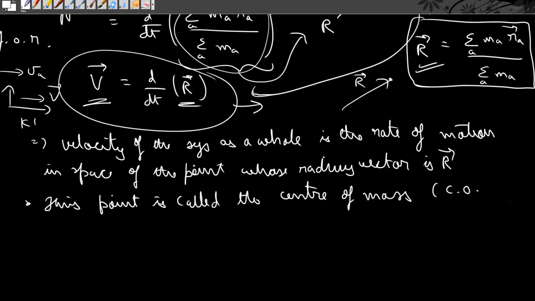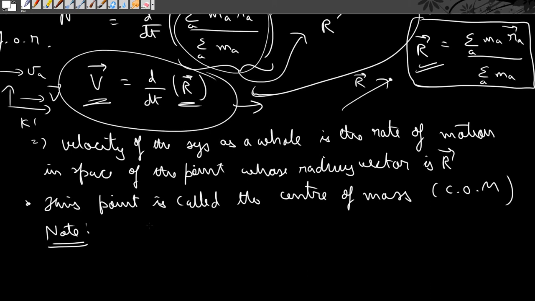I'm going to denote it as COM. Okay. An important thing to note here is that this is an imaginary point. It is not a real point, as if there need not be an actual point inside the system whose position vector is given by capital R vector.